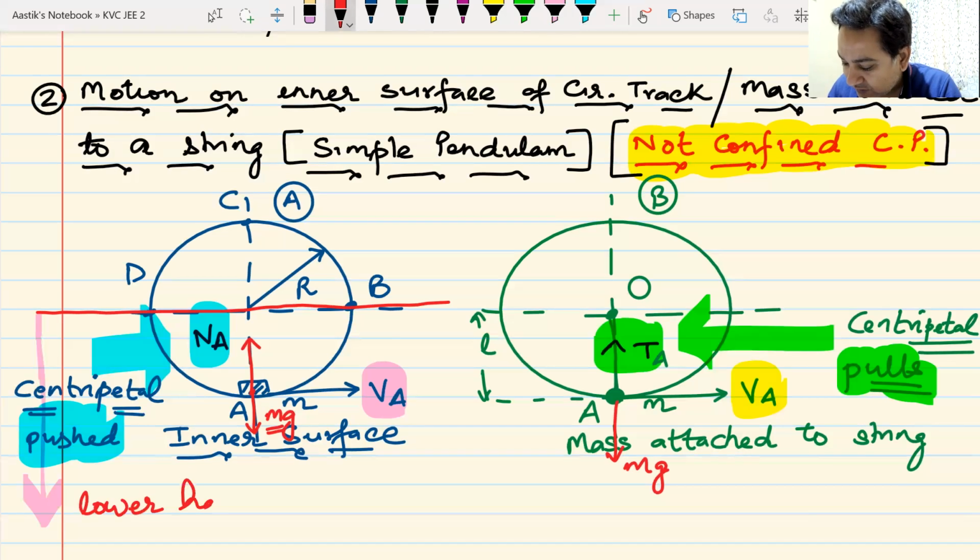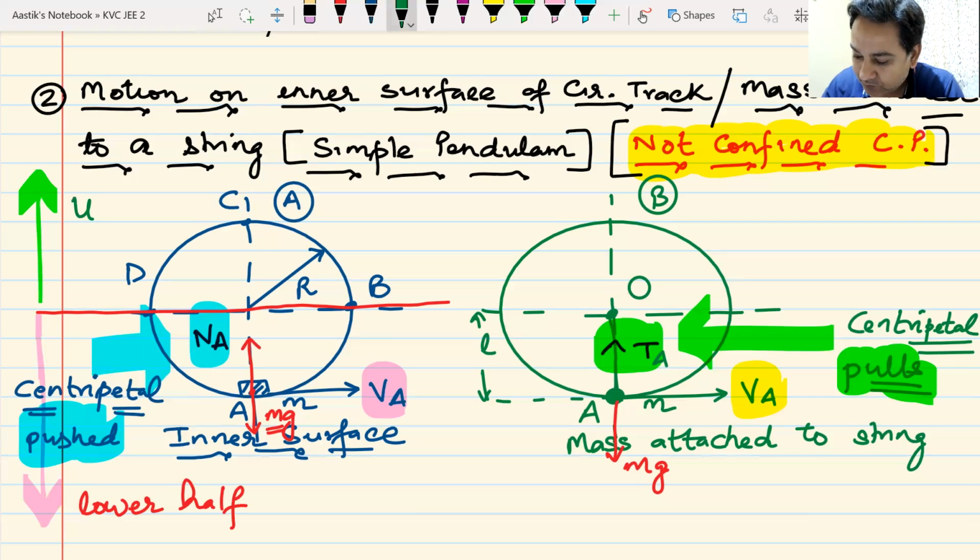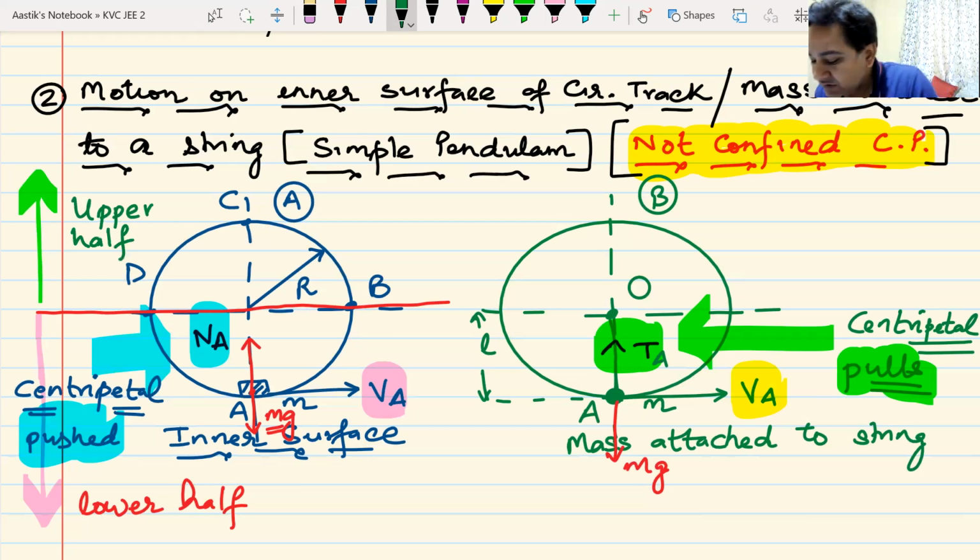So the lower half of the circle is from D to B or from B to D. Whatever is above this is the upper half. And the differentiating line is the diameter BD. Whatever happens below BD, that is the lower half of the circle. Whatever happens above BD, it is the upper half of the circle. Do we understand this?